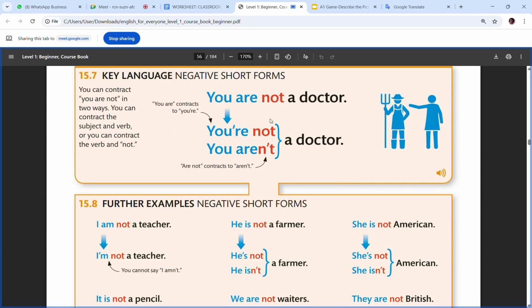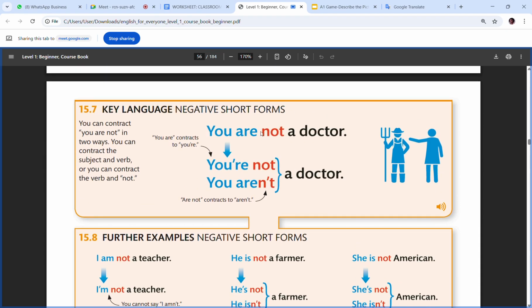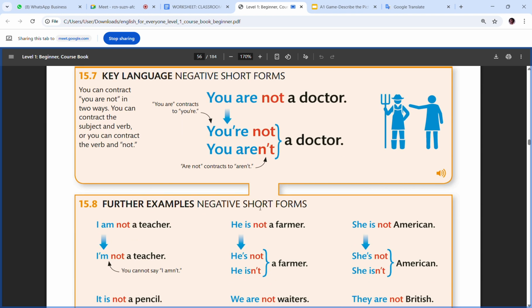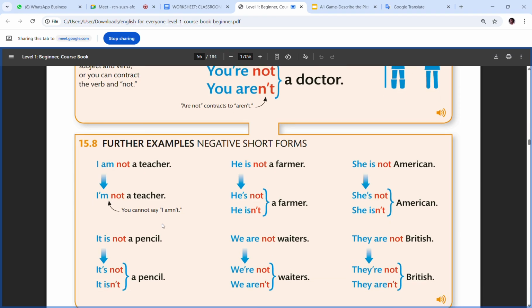So you have to look at the verb to be, right? So here the verb is are, so it becomes you are not, or you're not, or you aren't, right? But here we are dealing with am, so I am becomes I'm not, right? This is the only way you can write this, okay?